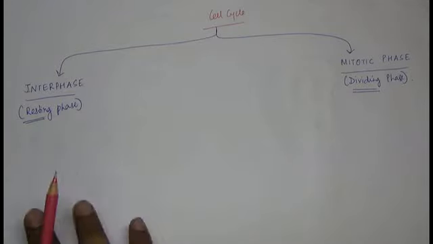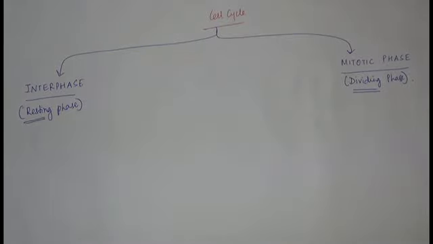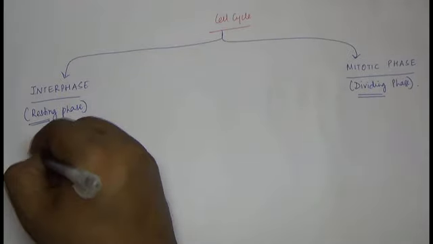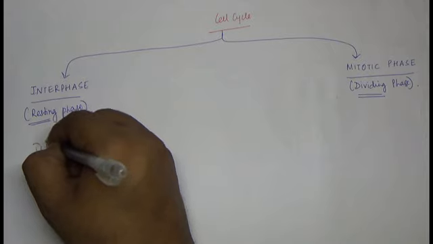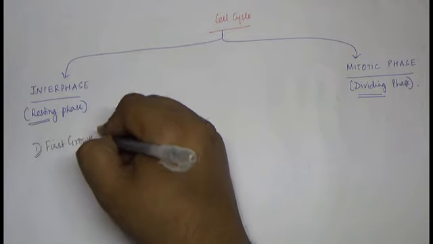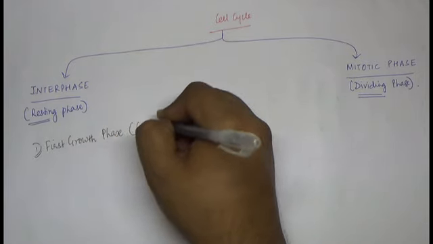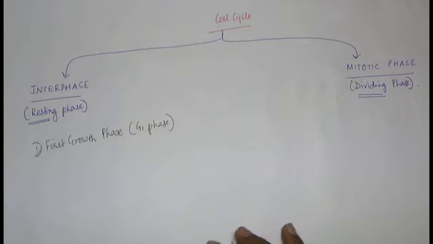Okay, so coming to the steps of interphase. The interphase comprises of 3 steps. What are they? First, growth phase, also called the G1 phase. Clear?